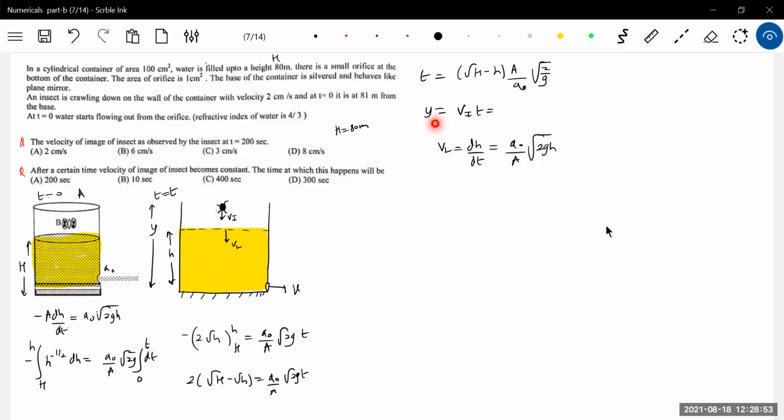Now, what is y? There's only the displacement, no? Displacement of insect. And then the position y will become 81 minus s. Why is your teacher writing like this? Because initially the insect will be at a distance of 81 meter.